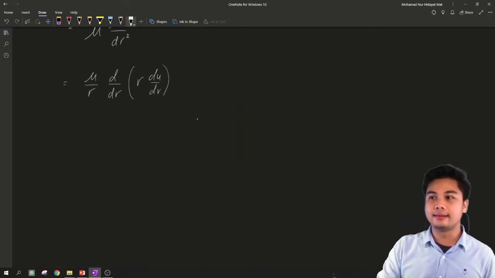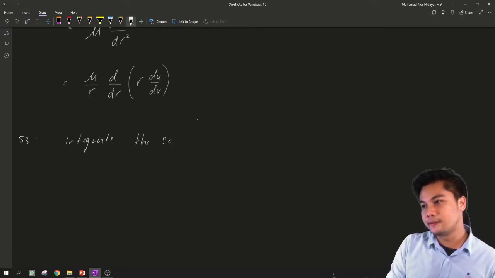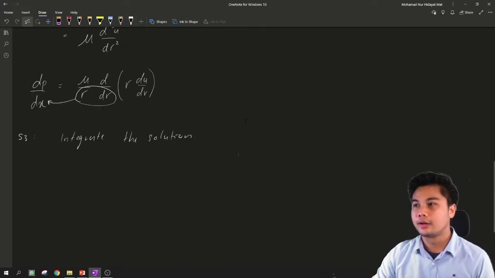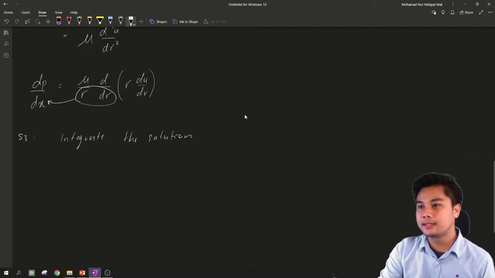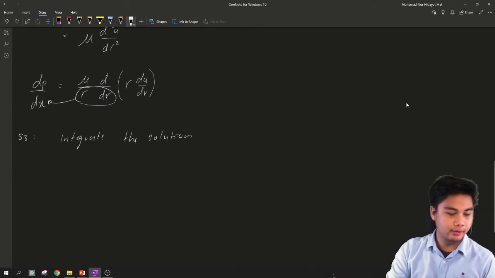We need to integrate. So step number 3, integrate the solution. After we have arranged this one, we need to integrate those solutions. How to do the integration? You need to rearrange back.